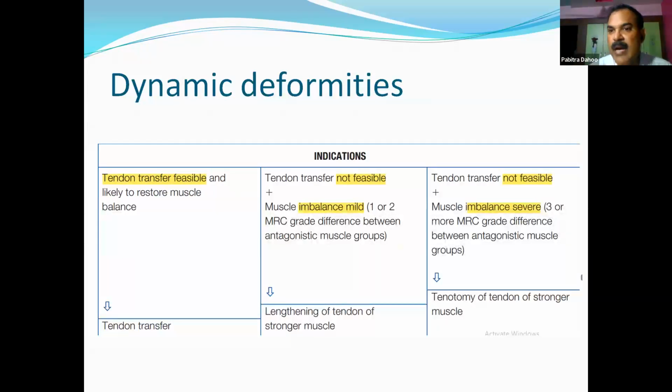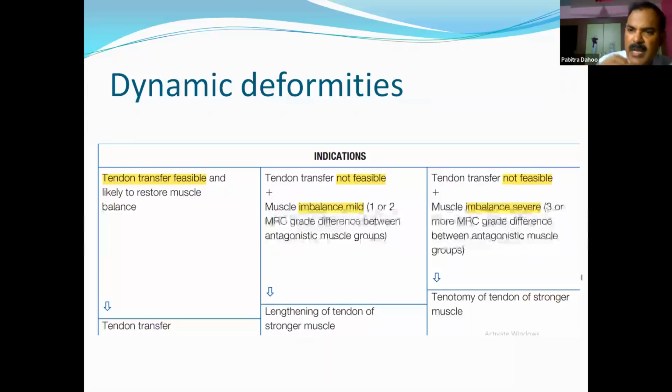Third group, where here also tendon transfer is not possible, but the difference of power is gross. One side is very severely spastic, the other side is less spastic. There is a gross difference of voluntary control of power between these two groups of muscles. At that time you can go for tenotomy of the strong muscle.